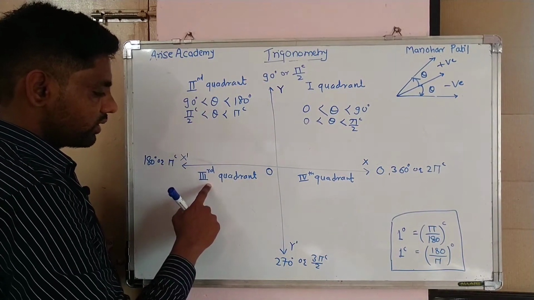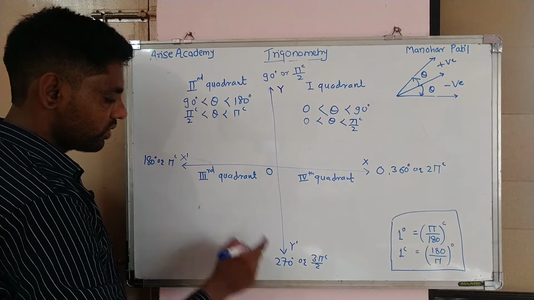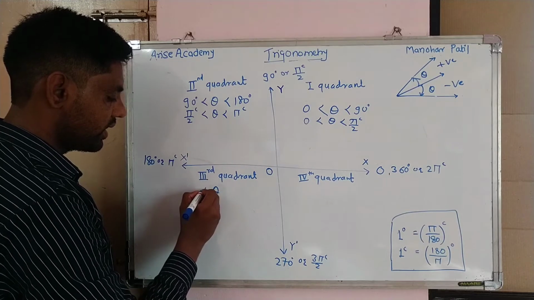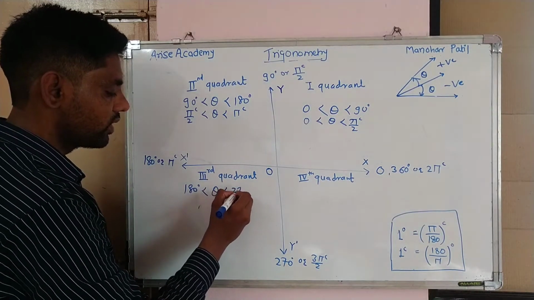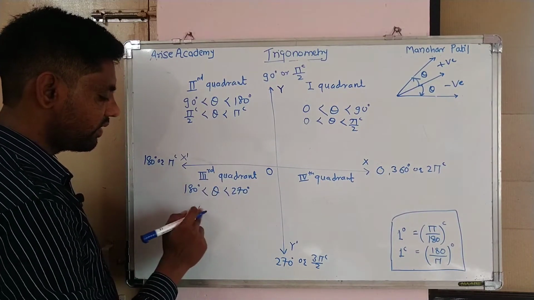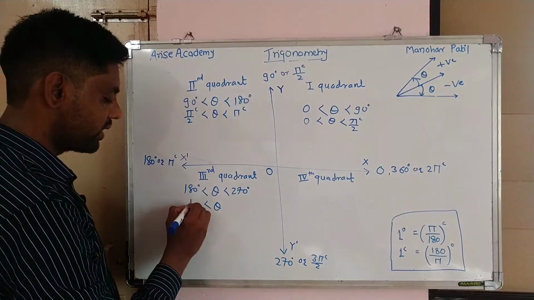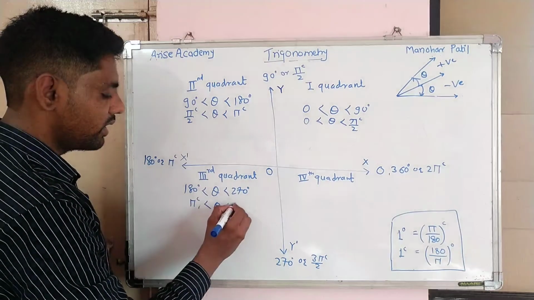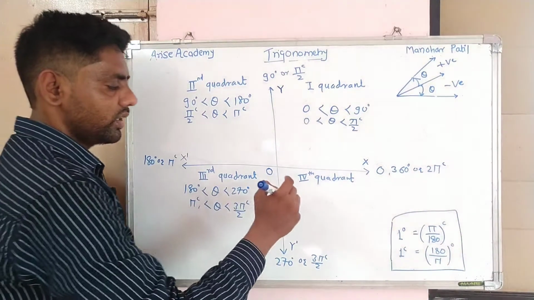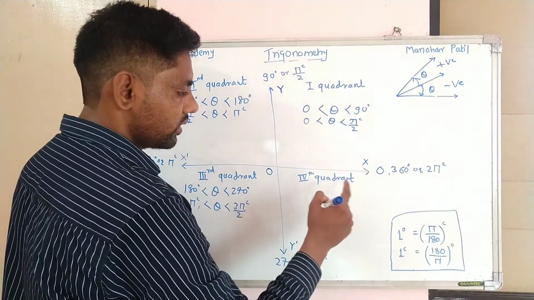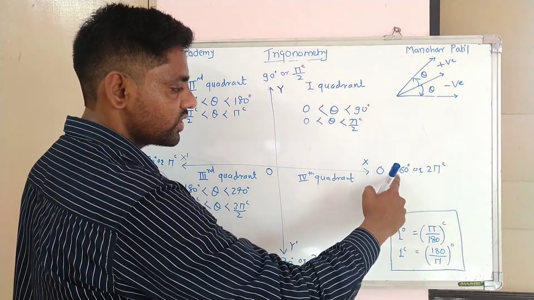In the third quadrant, the angle lies between 180 degree and 270 degree. So theta is greater than 180 degree and less than 270 degree. Again in radian form, theta is greater than pi radian and less than 3 pi by 2 radian. In the fourth quadrant, the angle lies between 270 degree and 360 degree.